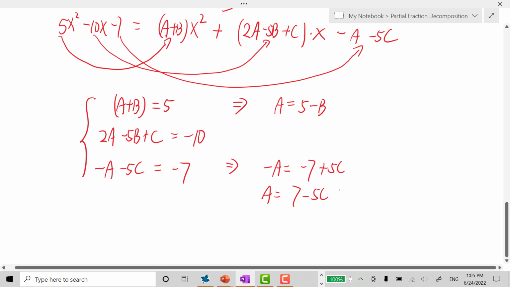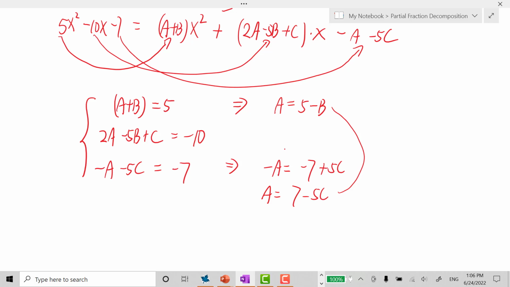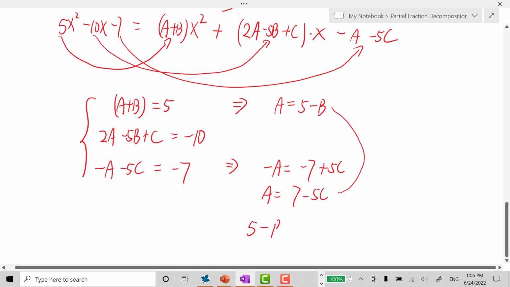Okay. So in this case, these two are equal to each other because they both equal to a. All right, so we have 5 minus b equals 7 minus 5c.